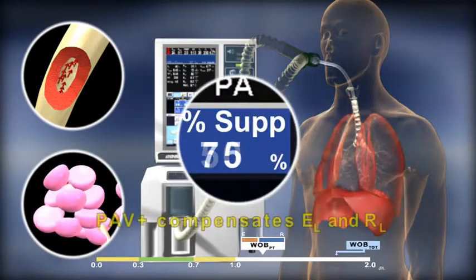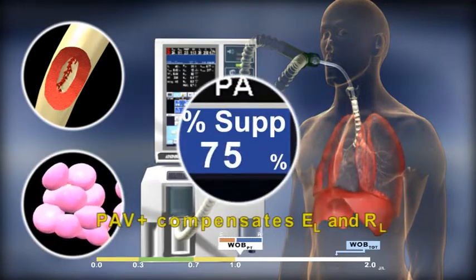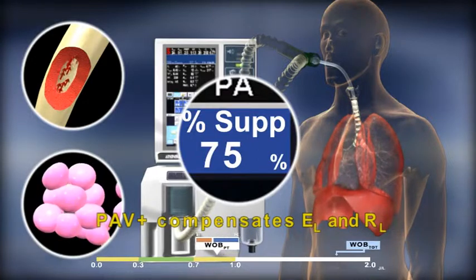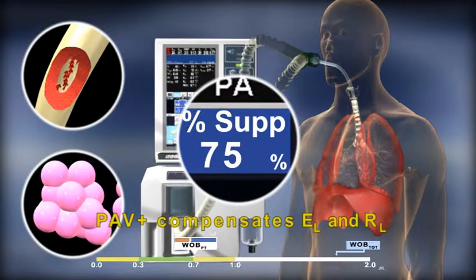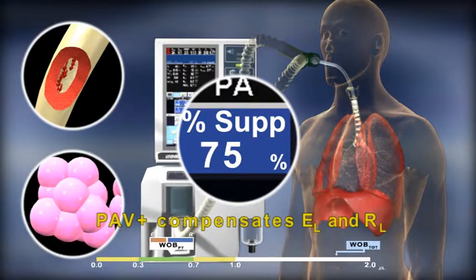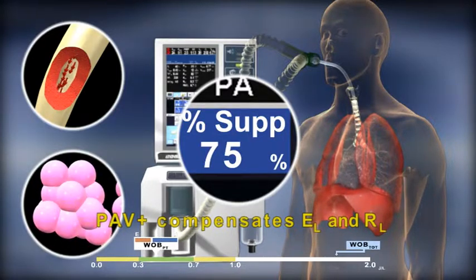By adjusting the percent support setting up to 75%, we can see that the patient's portion of the work moves back toward a reasonable work level in the green area, even though the total work is still elevated.